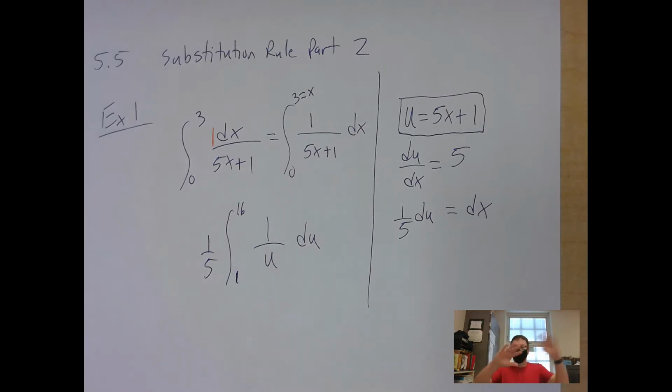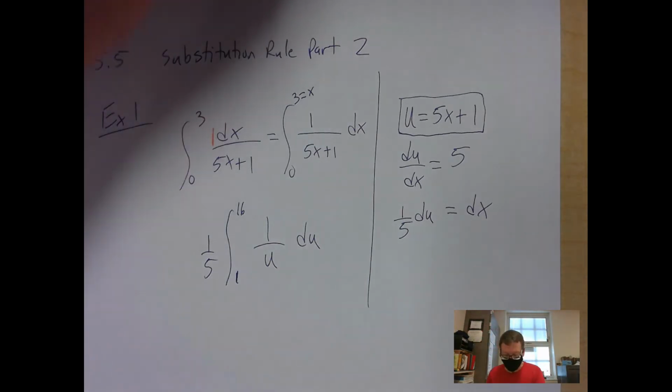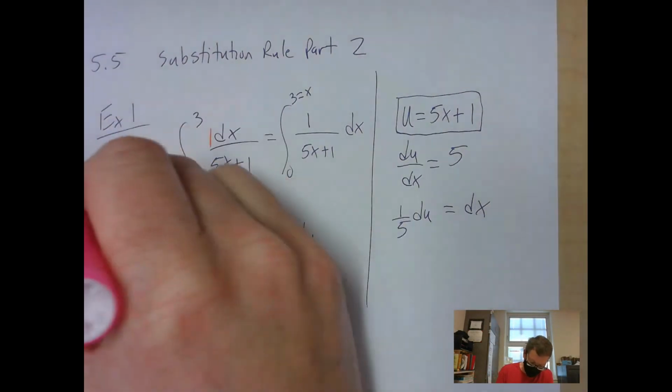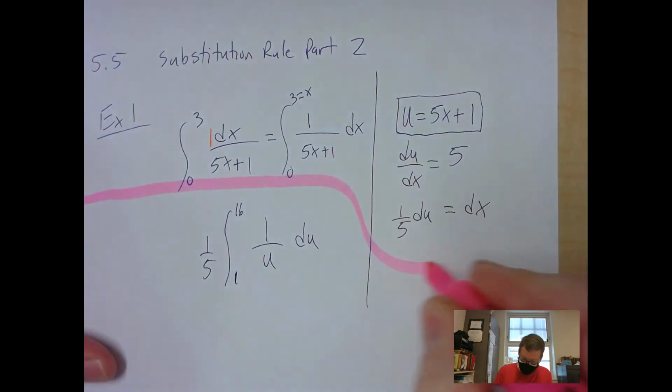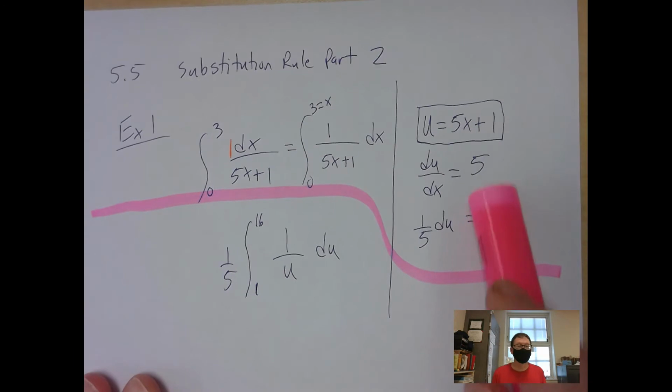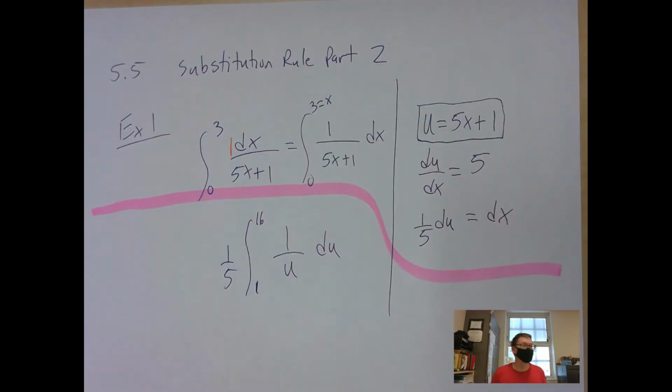So what I have to do, I forget that I can see myself. Anyway, what we're going to do is we're going to draw a line in the sand. We'll make it a pink line here. I don't have to go back and put x's back in anymore. I've completely switched this to the world of u.